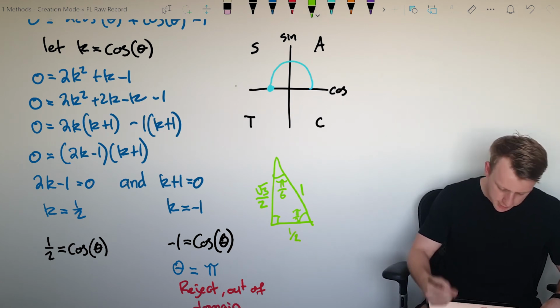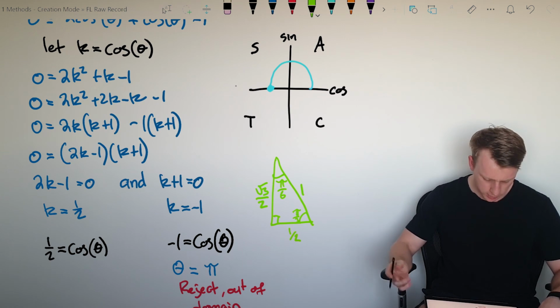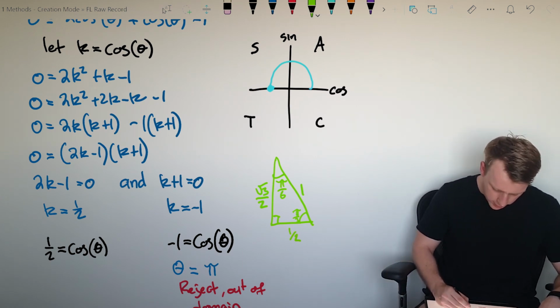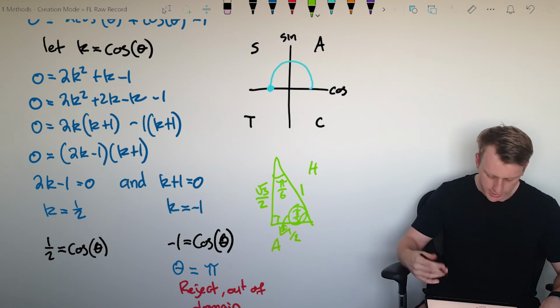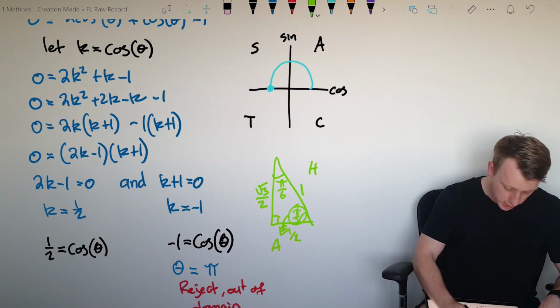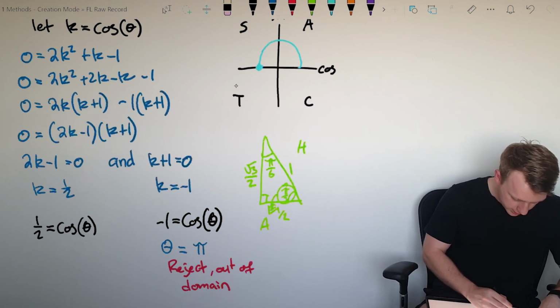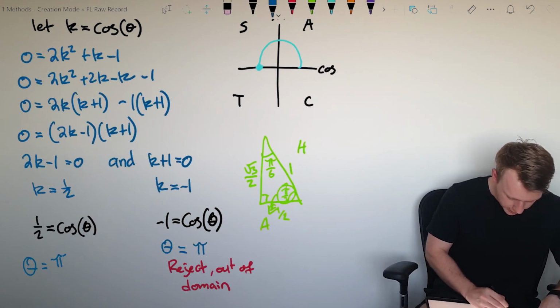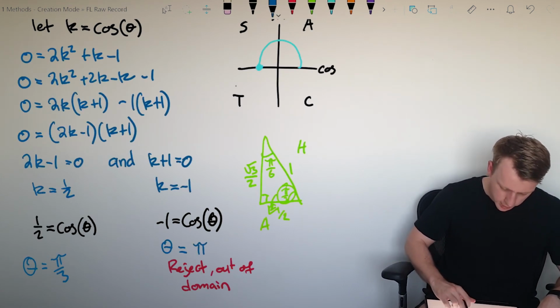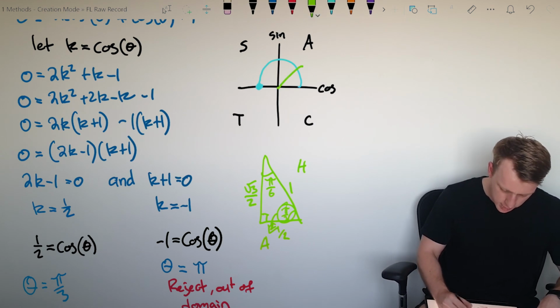What we've actually got here is another one. We are interested in cos of theta being equal to a half. Cos of theta is adjacent over hypotenuse, so my angle is going to be pi on 3. This implies that theta is equal to pi on 3. Draw that in my unit circle, pi on 3 there.